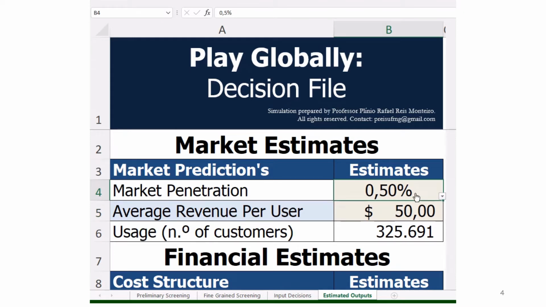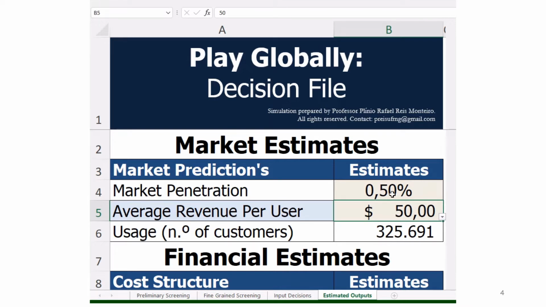So let's start with the likely scenario. In that case, we have 0.5% of the population buying our products, and the average expense per user, or average revenue per user, of $50 per customer. Given that I'm entering the United Kingdom, what would be the number of customers in that scenario?